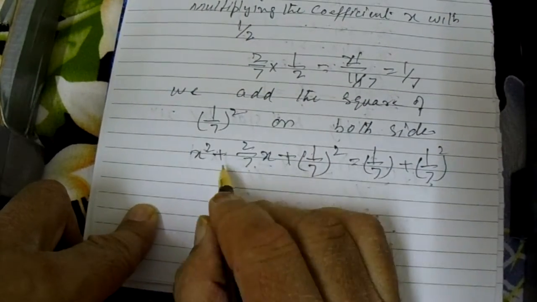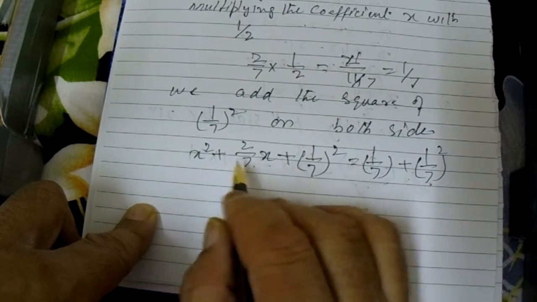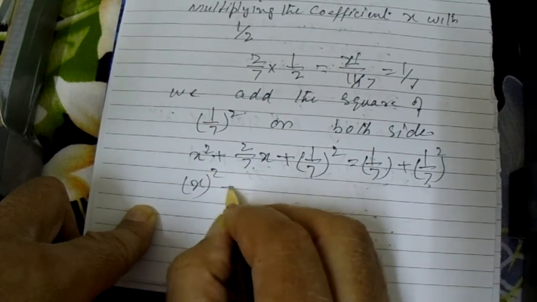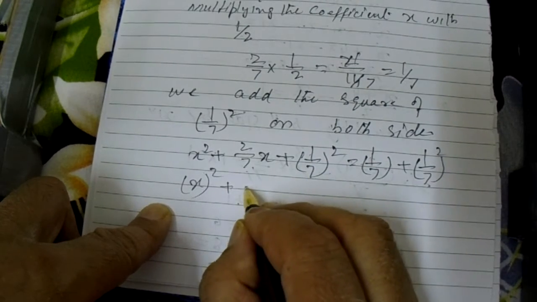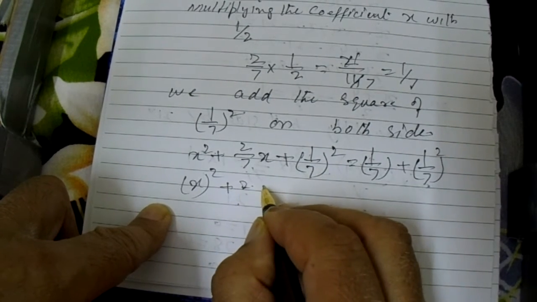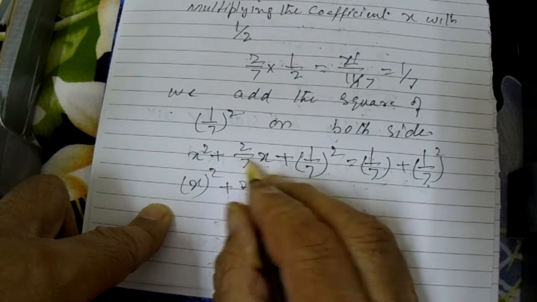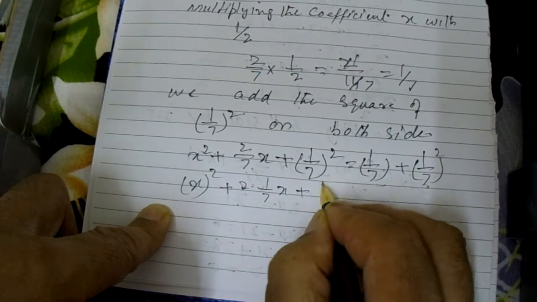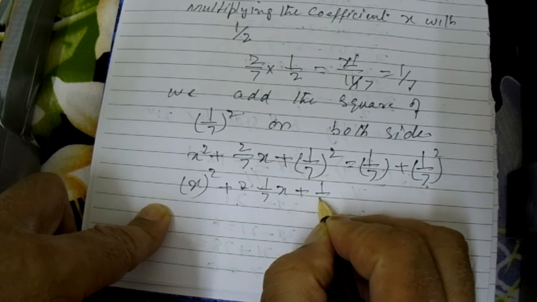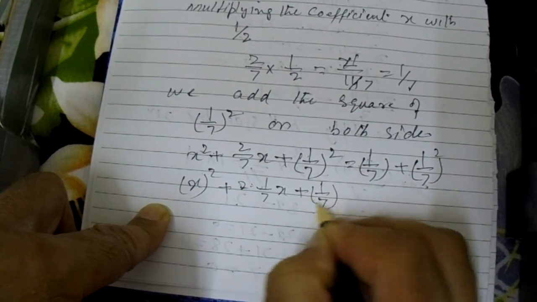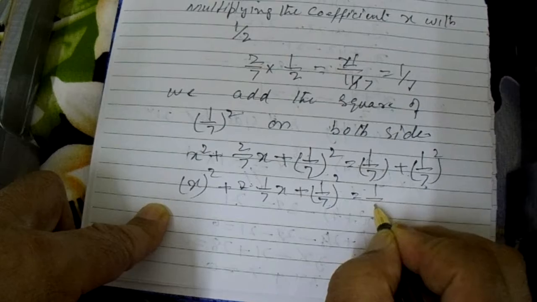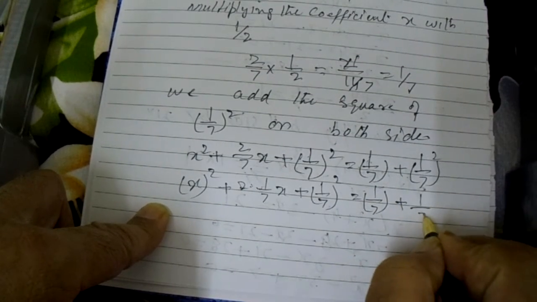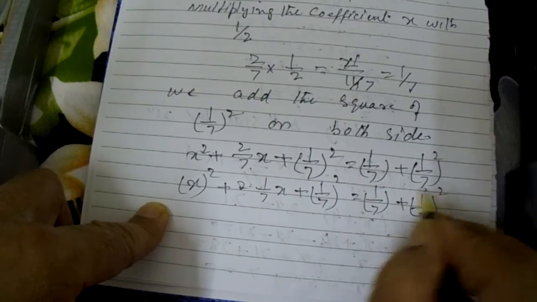Now we write this equation in this type: x square plus 2 into 1 over 7 x plus 1 over 7 the whole square is equal to, again we write this because we want you to understand how we solve this question.